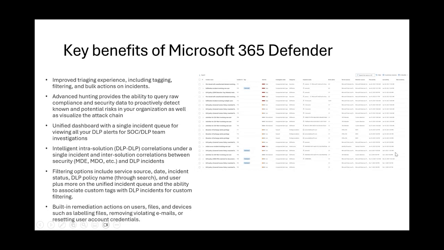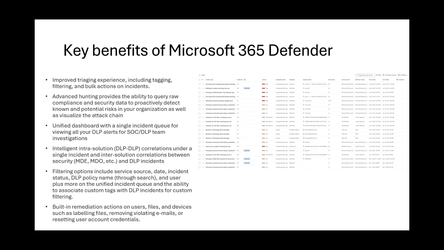Some of the key benefits of using the Microsoft 365 Defender portal experience is that there is an improved triaging experience, which includes multiple features such as tagging the incidents, filtering, and taking bulk actions on the incident queue.